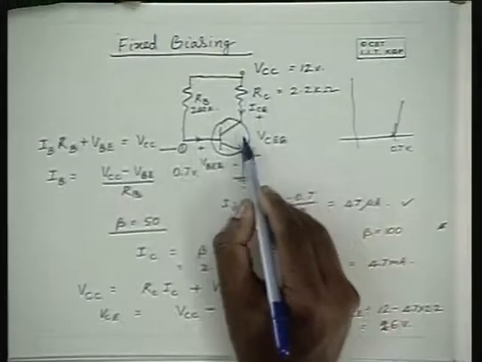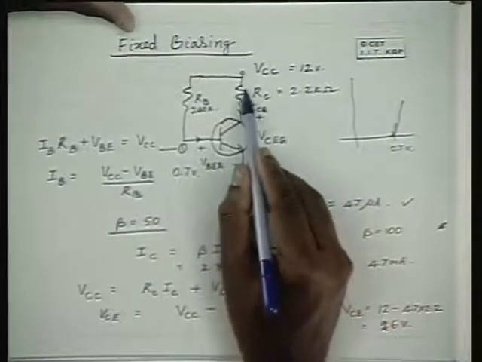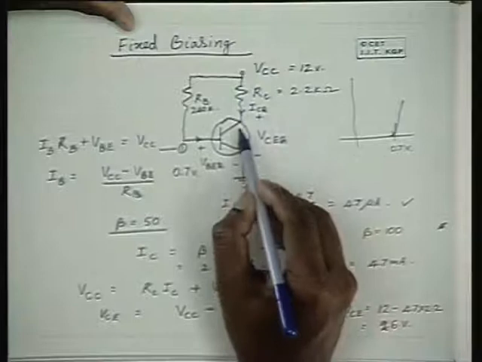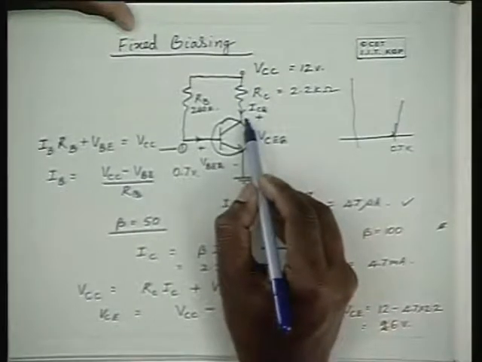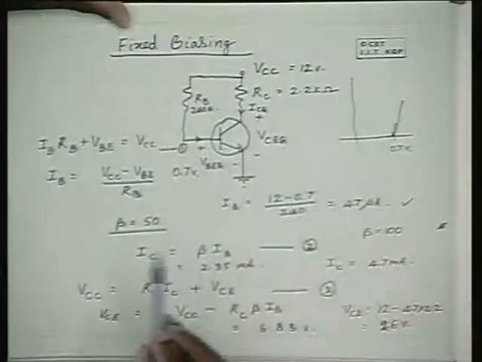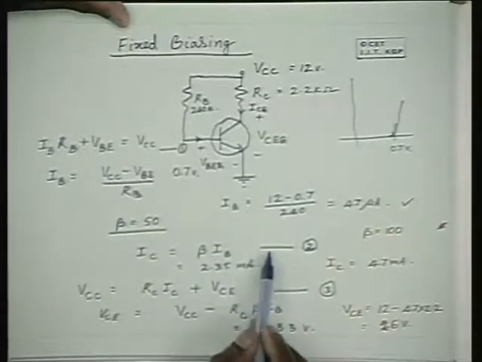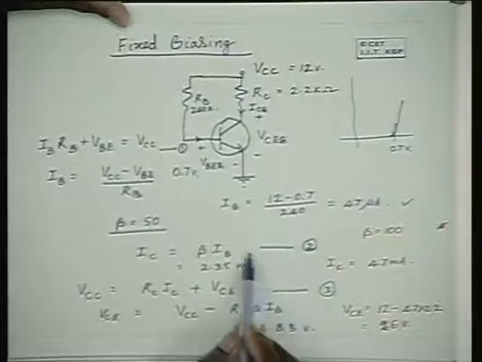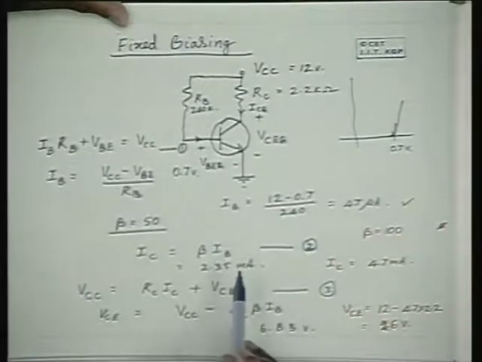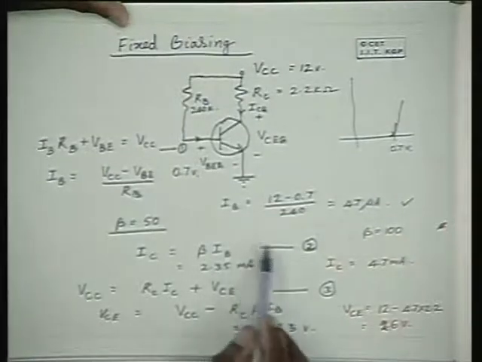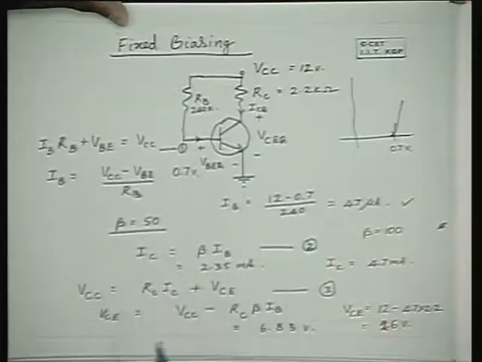And increased IC naught makes IC increase, because IC is beta IB plus 1 plus beta into IC naught. That term is also there. So because of that term, IC increases with increased temperature.